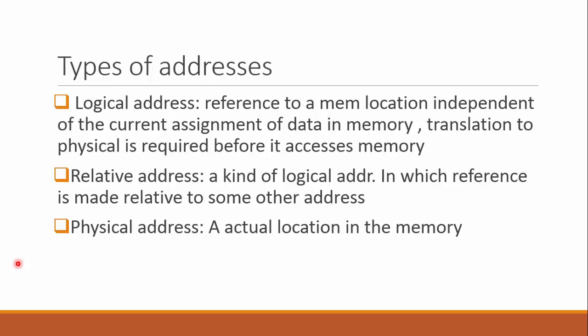That is again a logical address, but it is relative to the first one. So a relative address is also a logical address. Now we come to the physical address, which is an actual location in the memory, actually assigned to some cell of the memory.